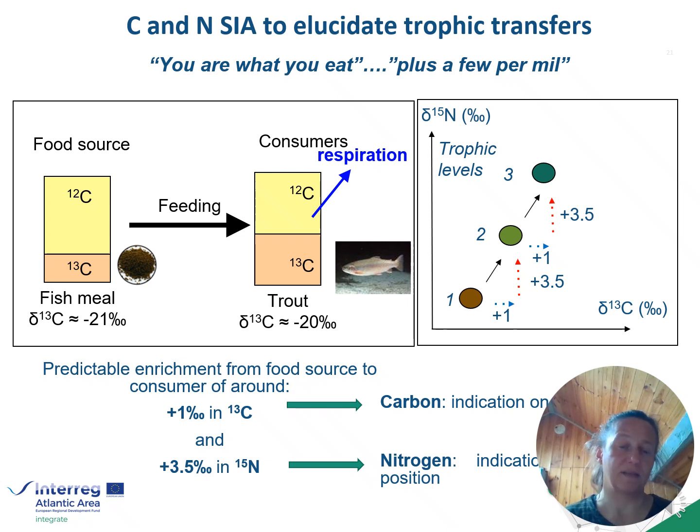And there is this predictable enrichment from food source to consumer of about +1 part per mil in 13C, and that is more like +3.5 in terms of delta 15N, which, as I mentioned before, indicates trophic level rather than flow of nutrients.